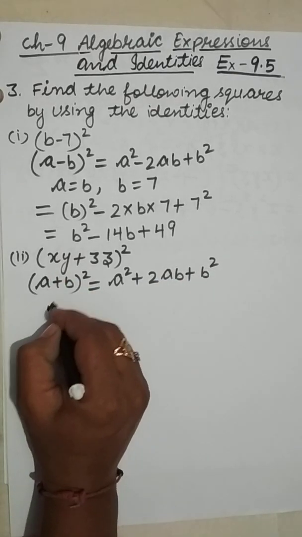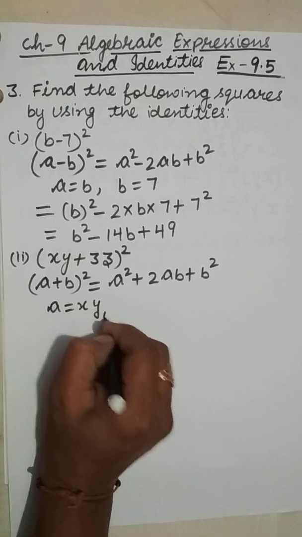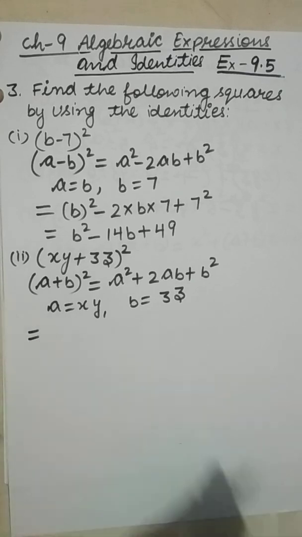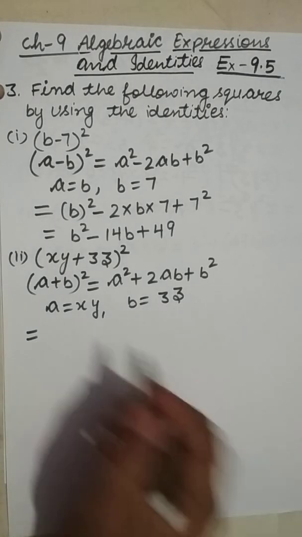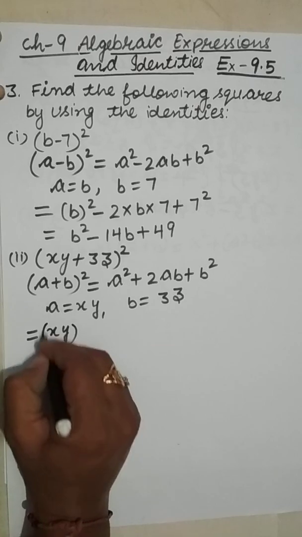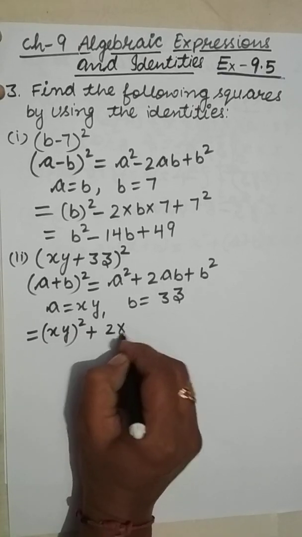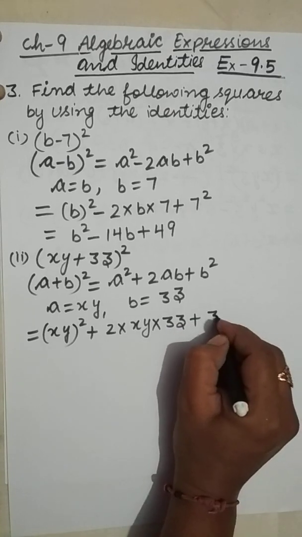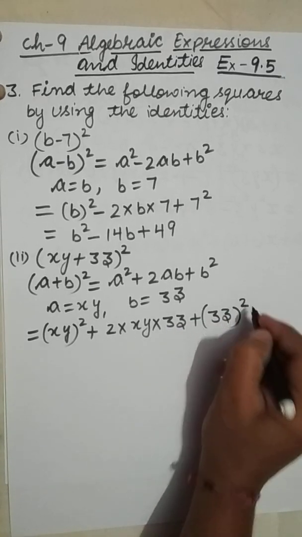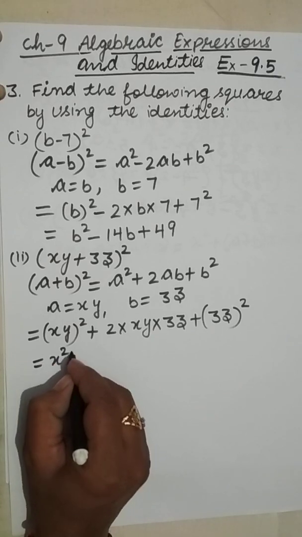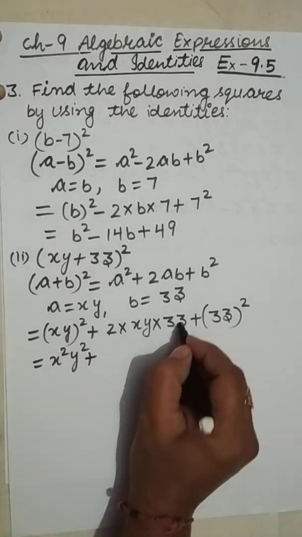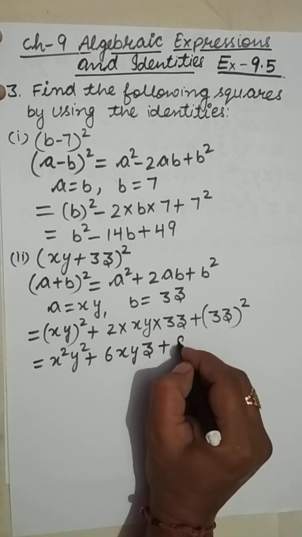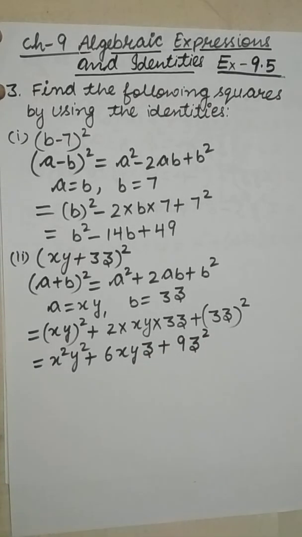Now here the value of a is xy and b is 3z, which can be written as (xy) whole square plus 2 multiply xy multiply 3z plus (3z) square, which is equal to x square y square plus 3 2's the 6xyz plus 3 3's the 9z square.